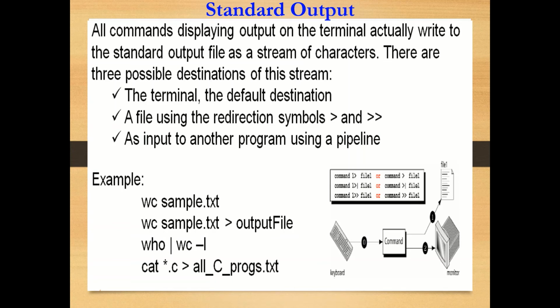The second one, a file using a redirection operator, nothing but the greater than symbol or two greater than symbols, which are metacharacters. Third, as input to another program using a pipeline. Consider the first one, the terminal by default. Whatever information you enter using a command is displayed on the screen.